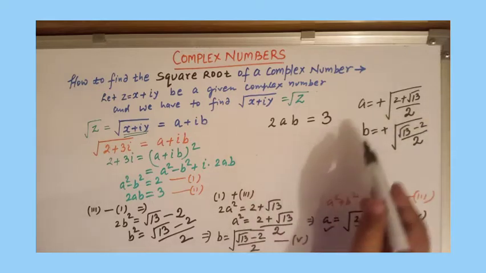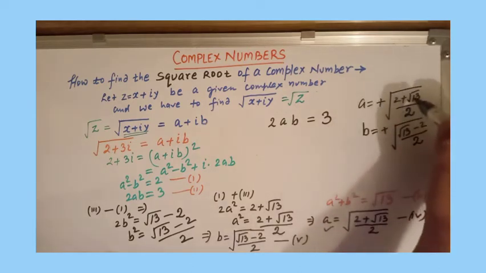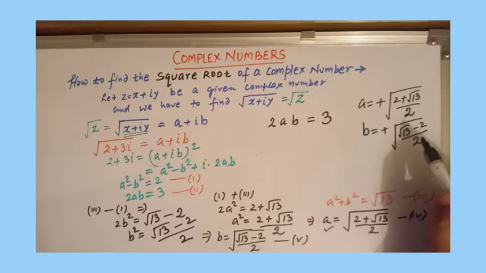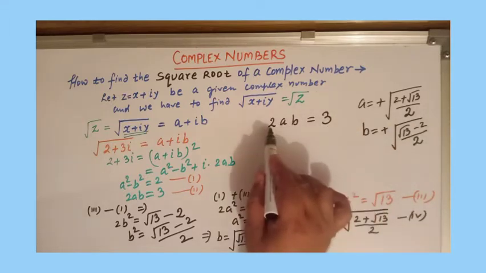Clear? Here we have plus minus sign, and here also we have plus minus sign. So when we take a plus and b also plus, then this equation is satisfied.